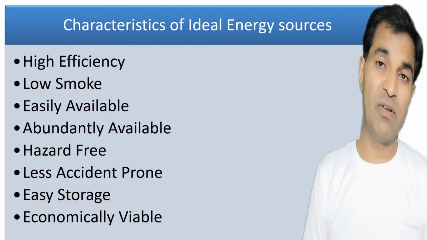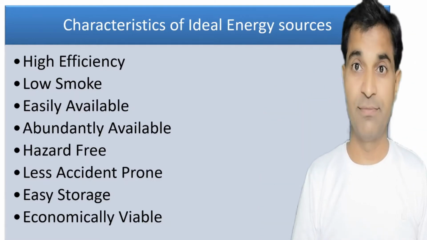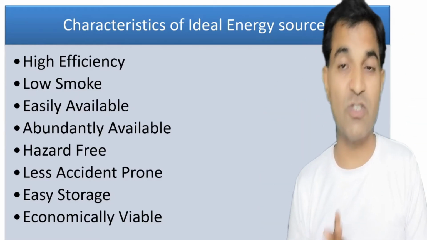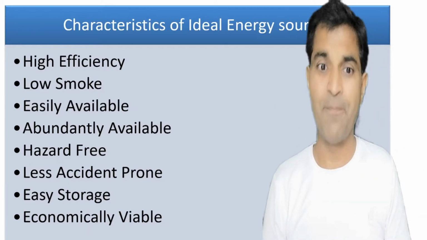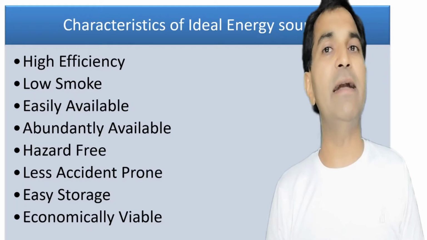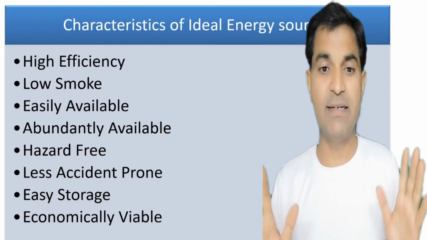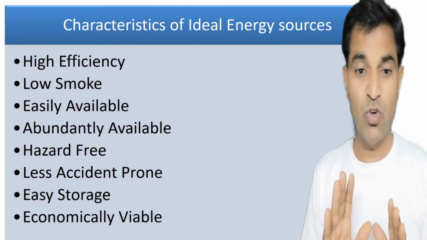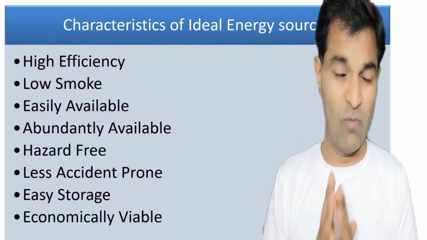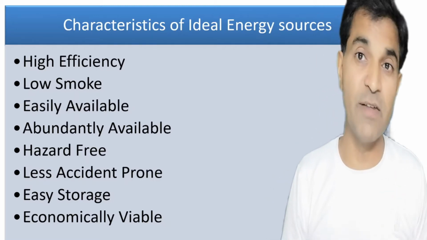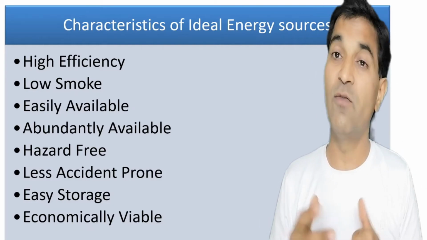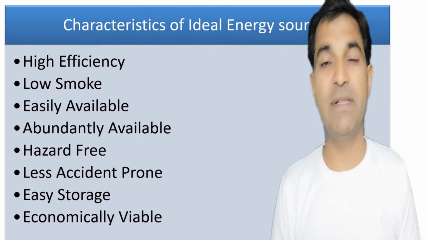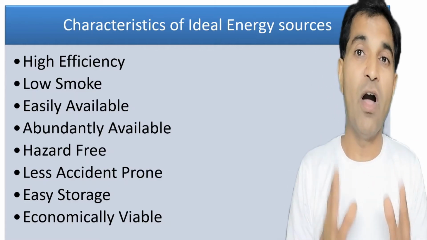For example, in a forest you will find lots of wood, but the same wood is not easily available in the deserts. So it should be abundantly available everywhere. It should be hazard free, less accident prone. For example, if you are using uranium-235 as a nuclear source of energy for the fission reaction, there is a possibility of accidents.